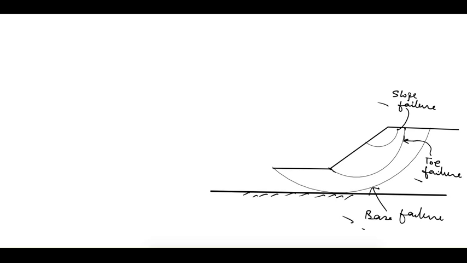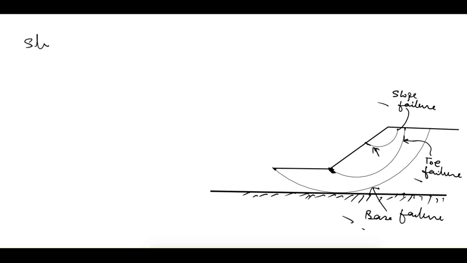A slope failure is when the failure surface just cuts the slope above the toe. So the toe is the end of this slope. This part is the toe where it fails from this point, and anywhere below this it will be a base failure. Base failure basically touches the stratum which is there below the structure.